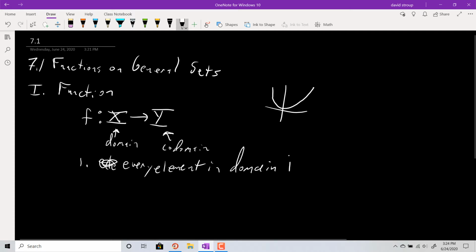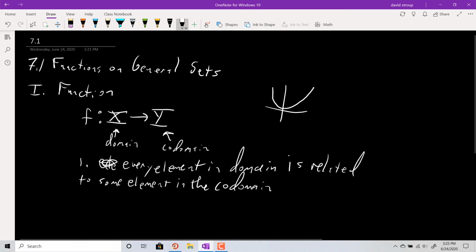So we'll just say is related to some element in the codomain. Okay, and then the statement that you're used to is that there can only be one element in the codomain that's related to that element in the domain.